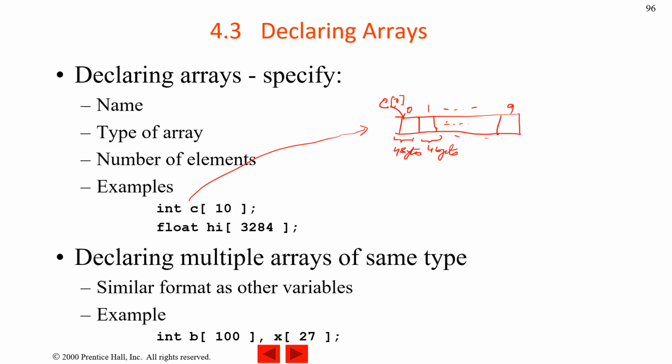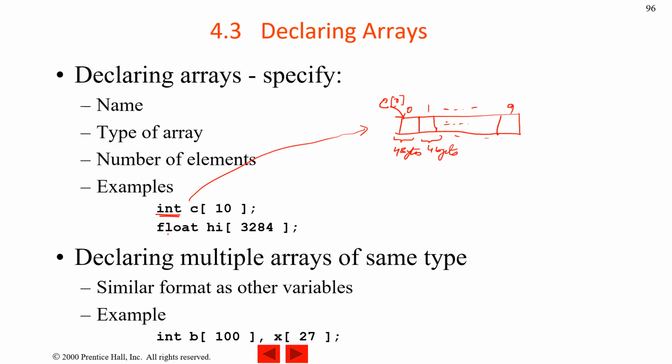Each block is 4 bytes because it is of type integer. The name C is the name of the starting location, and it has a total of 10 elements. It means there are 10 spaces reserved, the indices of which will be from 0 to 9.